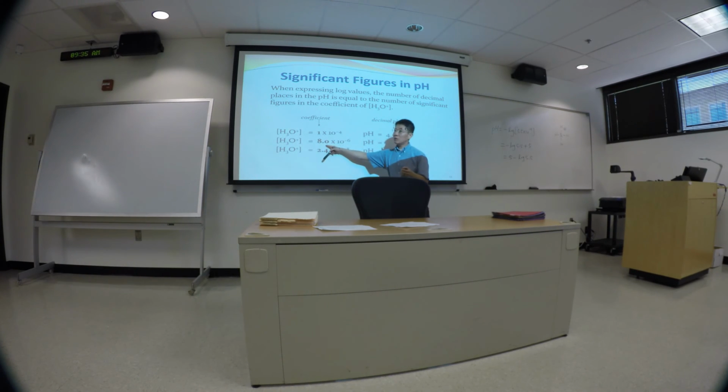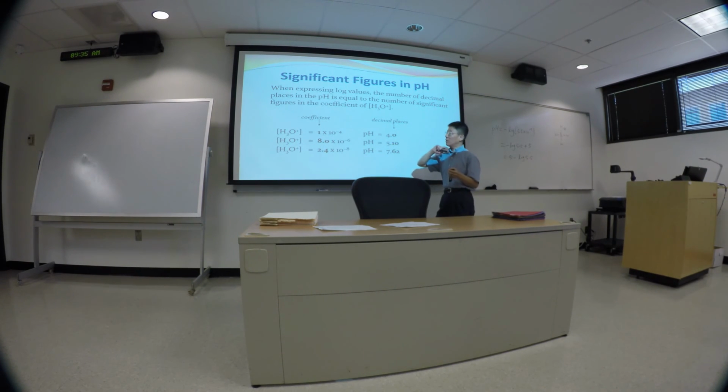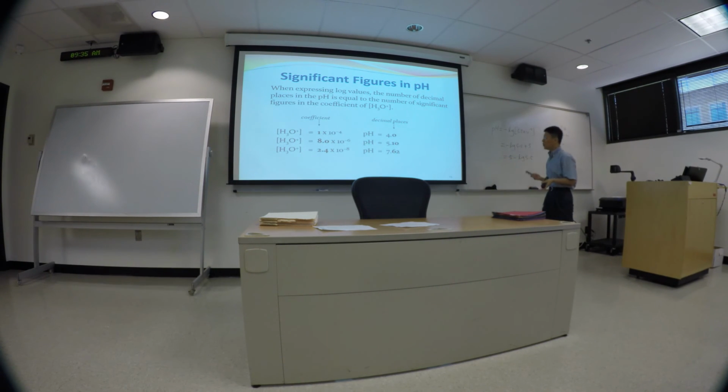If you have 2 sig figs in the coefficient of the concentration, the pH value carries 2 decimal places. That's something you want to pay attention to. You have to watch the sig figs when you deal with any measurements in chemistry and physics. So that's the relationship.